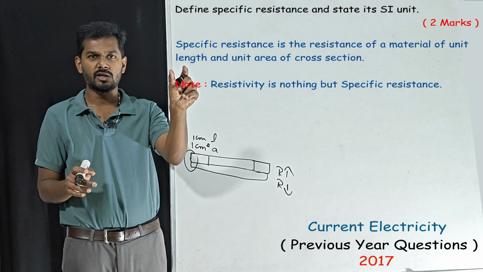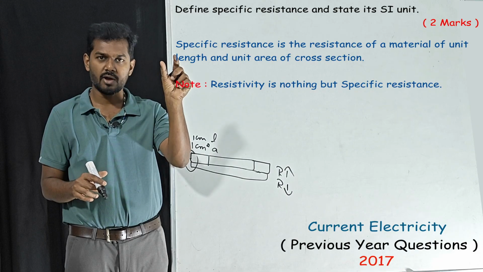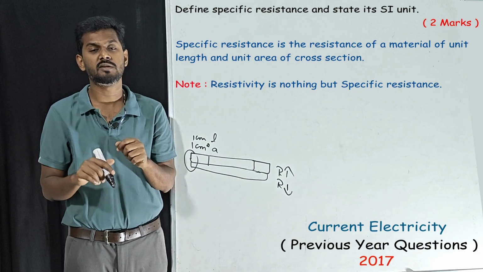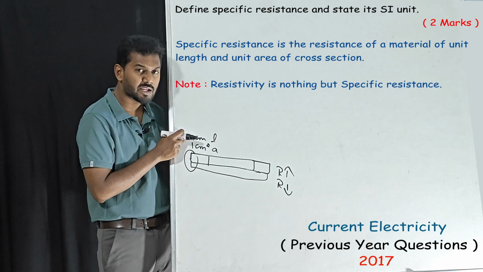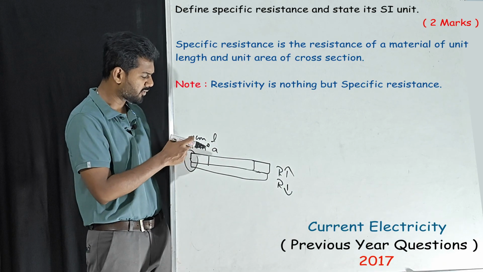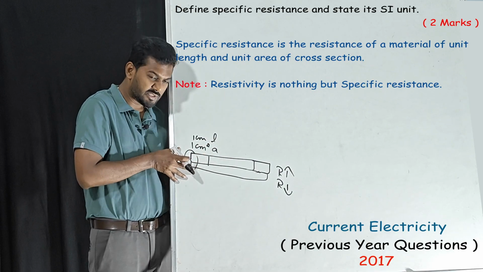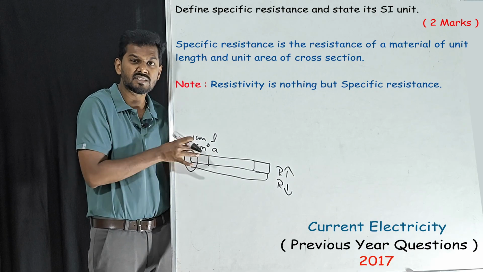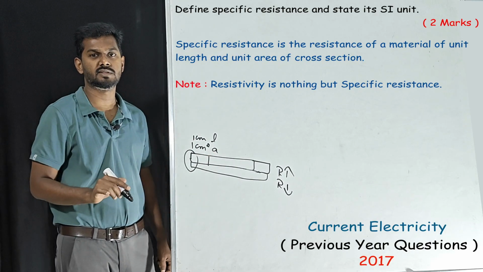If you take 1 meter length of iron rod and 2 meter length of iron rod, the specific resistance remains the same. Why? Because we are calculating it for 1 centimeter length and 1 centimeter square area. For this unit length and unit area of cross section, what is the resistance? That is specific resistance.